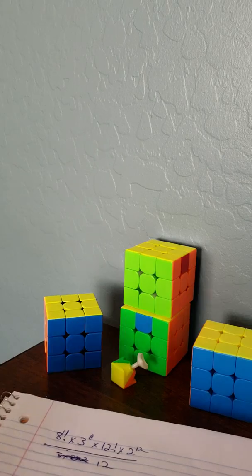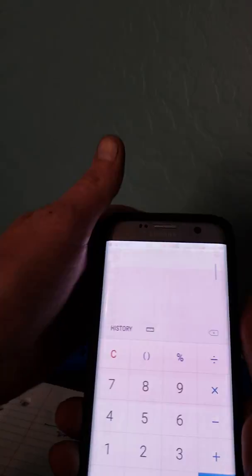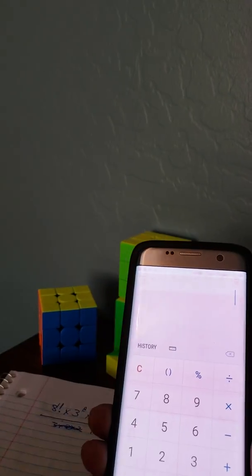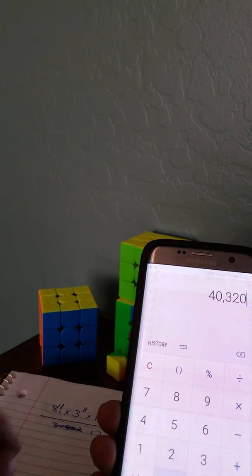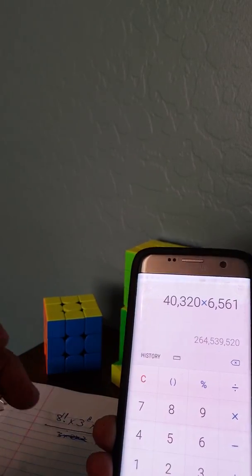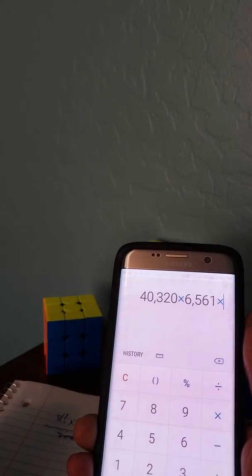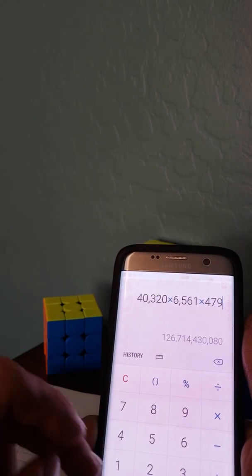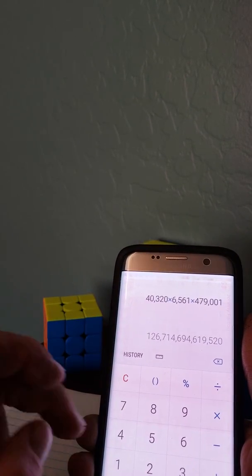So let's do that math. 8 factorial is 40,320. Multiply that by 3 to the 8th power, which is 6,561. Then we have to multiply that by 12 factorial, which is 479,001,600.